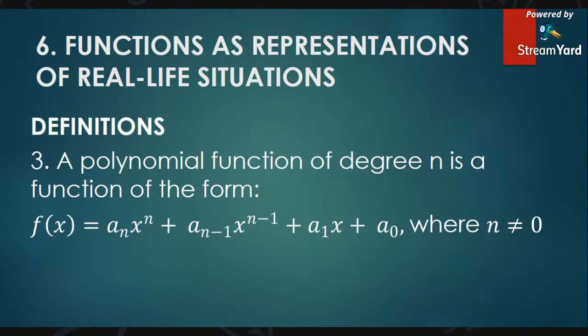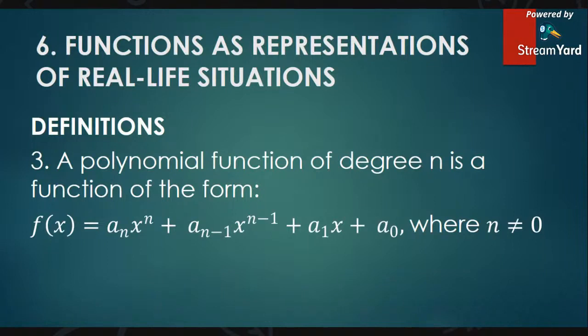Next, a polynomial function of degree n is a function of the form f of x is equals to a sub n x to the power of n plus a sub n minus 1 x to the power of n minus 1 plus a sub 1 x plus a sub 0 where n is not equal to 0. So, ganun pa din.